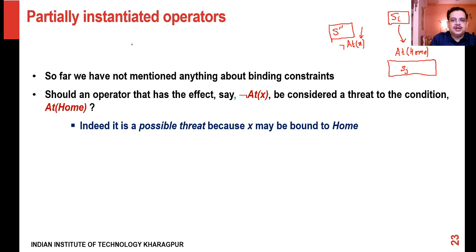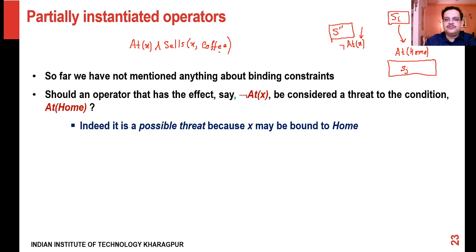For example, you may have a goal which says that I need to be at X and X sells, let's say coffee. So effectively my sub goal says that I need to be at some place which sells coffee, and it may so happen that in a particular point of the plan the X is not instantiated to anything, it's just uninstantiated at that point of time.